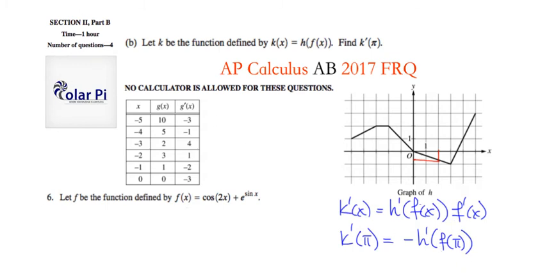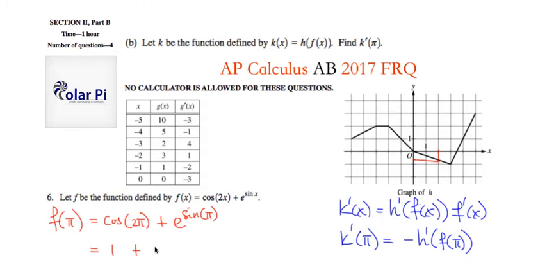To take care of that, let's write f of pi. Since f is right here, that just means we find out what cosine of 2 times pi, therefore cosine of 2 pi, plus e to the sine of pi will be. Well, cosine of 2 pi is equal to 1, and then we'll have plus e to the sine of pi, which is 0, so plus e to the 0.